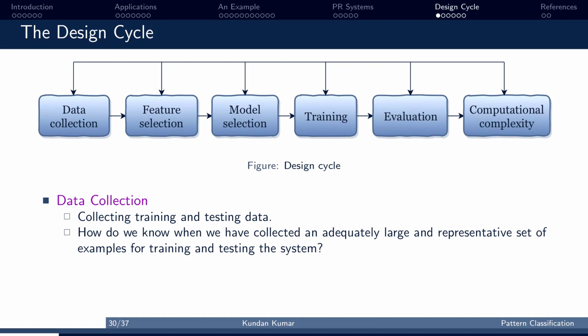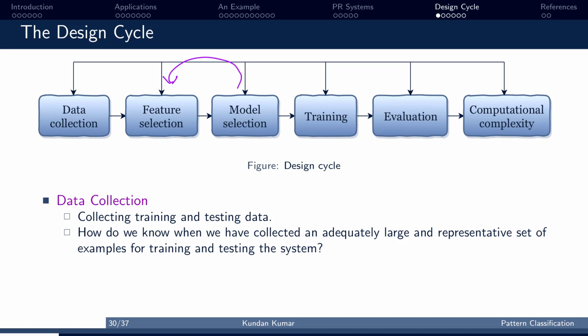It may be possible the new model is not performing well, so again we will go back and change the feature, or consider another feature, or add more features, and check whether our model is performing well or not.